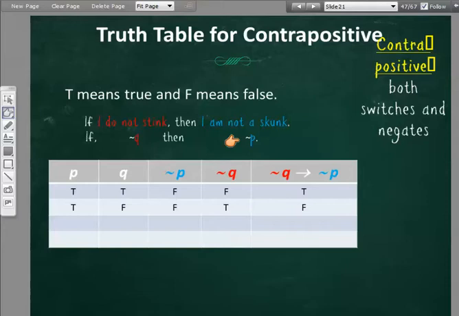Because "I'm not a skunk" can be true, but I can still stink. So that's why it's false. Negating the P and Q, my not P is going to be true, my not Q is going to be false. So if not Q is false and not P is true, then my statement's going to be true.